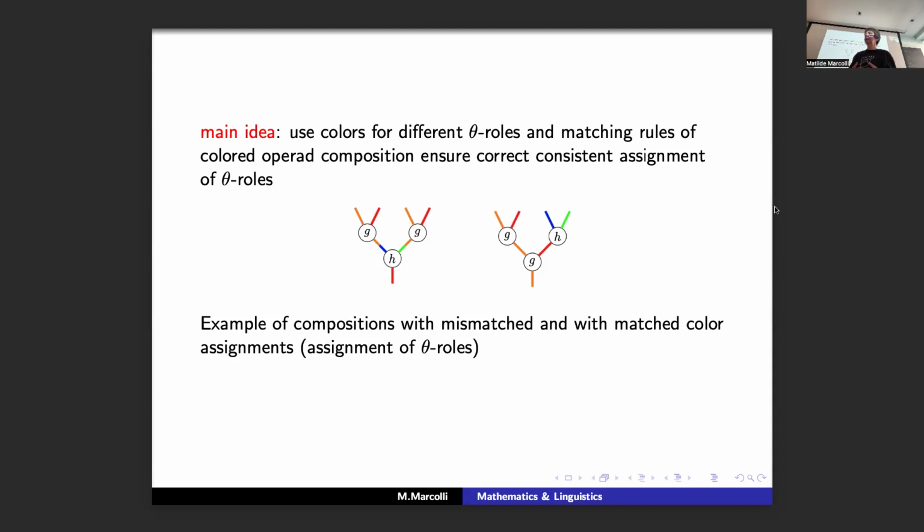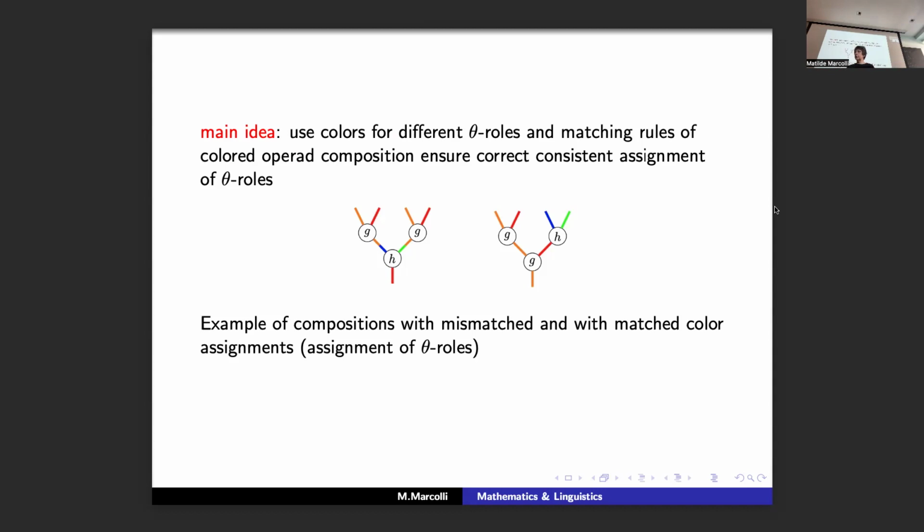So in a sense, this theta theory is some kind of coloring algorithm on your binary rooted trees that will have to match. So you can think of this as being another constraint on your syntactic object.